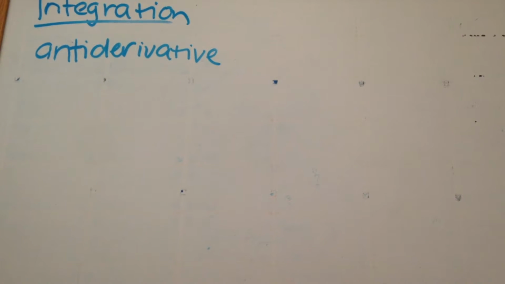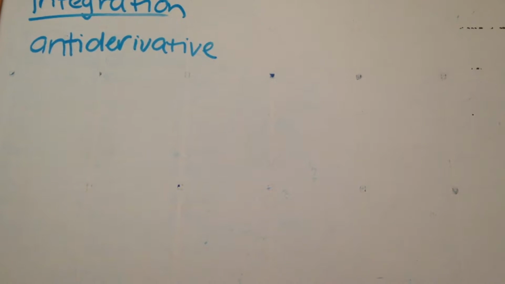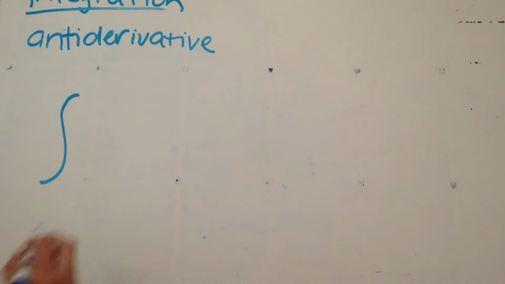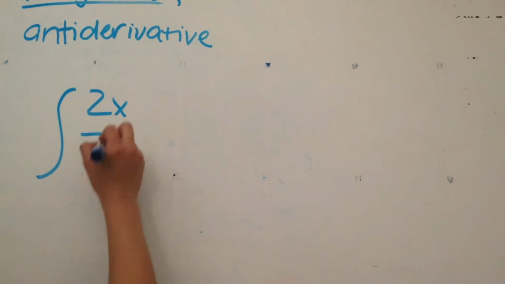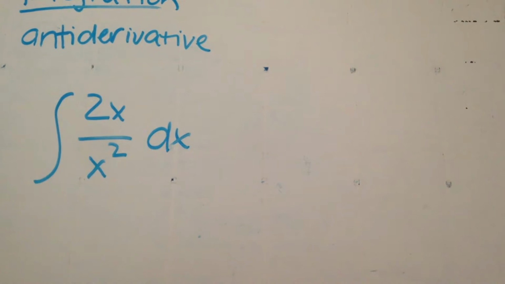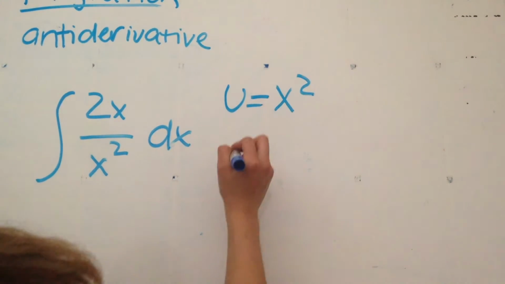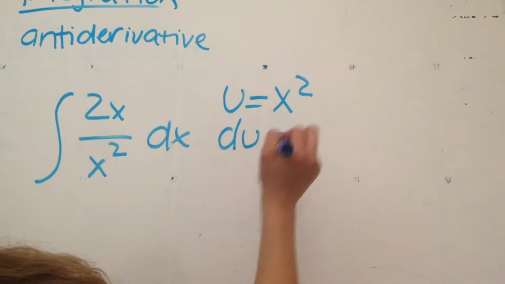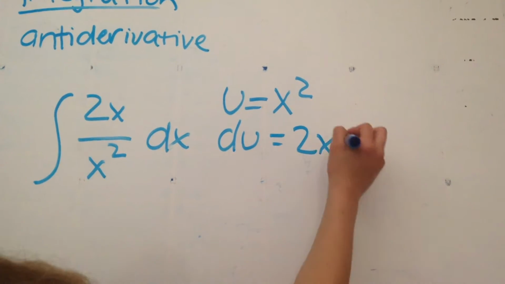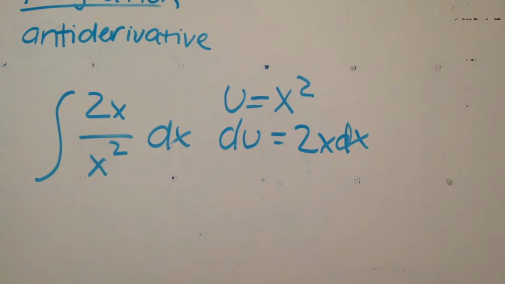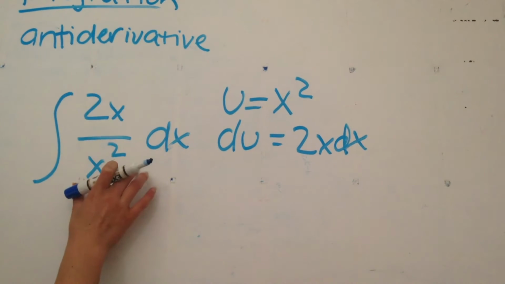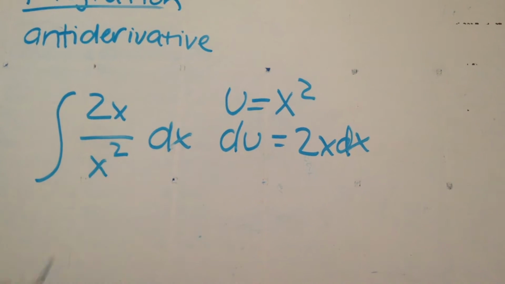So another way, if there's a more complicated function, like let's say you want to find the antiderivative of 2x over x squared, you might want to use u substitution to do that, since it'll make it easier. So you want to say, let u equal x squared, and then the derivative of u is 2x. So basically with that information, you see that u is present in the function, and so is the derivative of u.